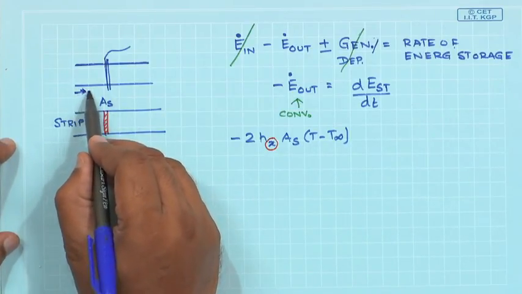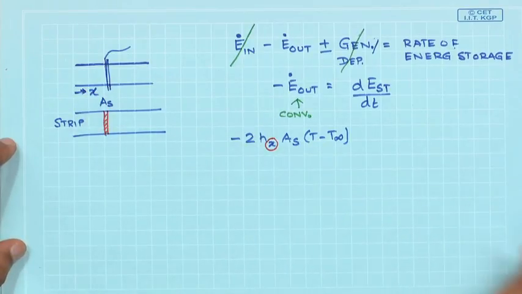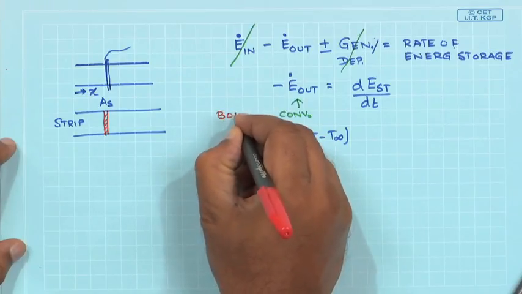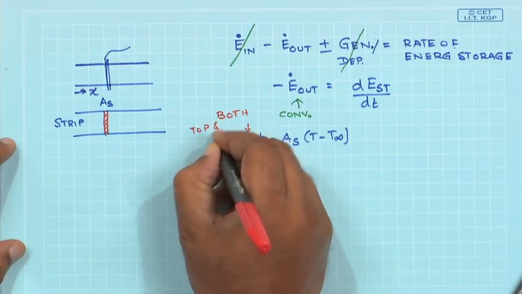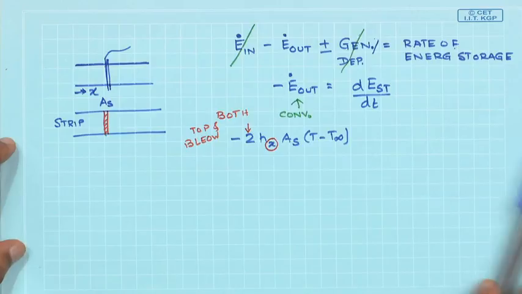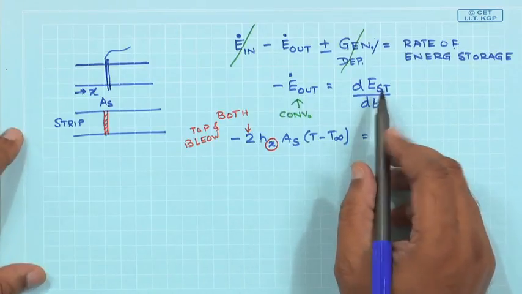So, this is my x. This takes into account heat losses from both top and below, and this is simply Newton's law of cooling. This must be equal to the energy stored.